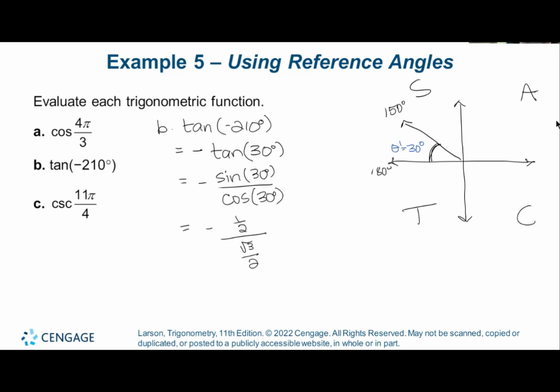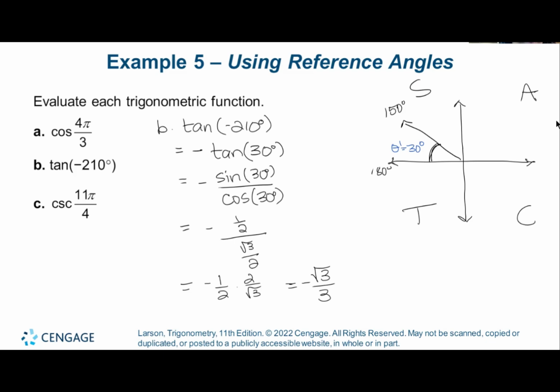Sine of 30 degrees is 1/2. Cosine is square root 3 over 2. We'll just divide these. When we divide fractions, flip the second one and multiply. That gives us a negative 1 over the square root 3. And when we rationalize, we get negative square root 3 over 3. So that is tangent of negative 210.